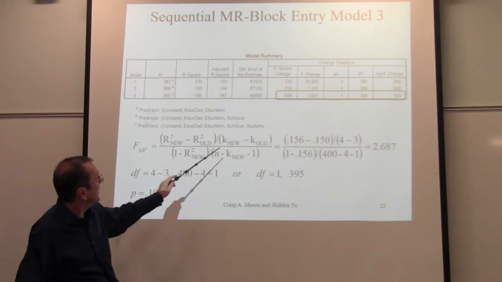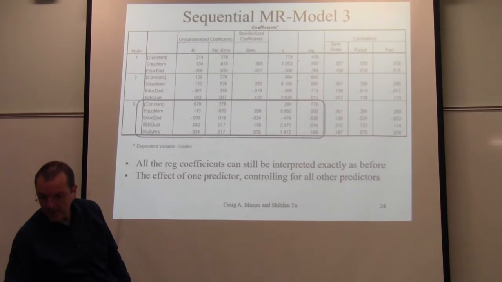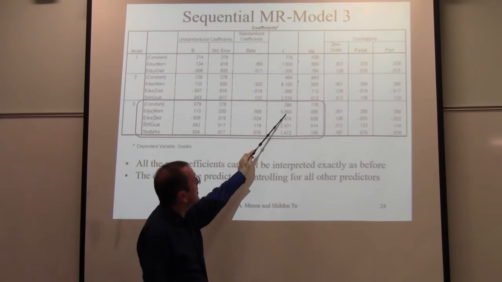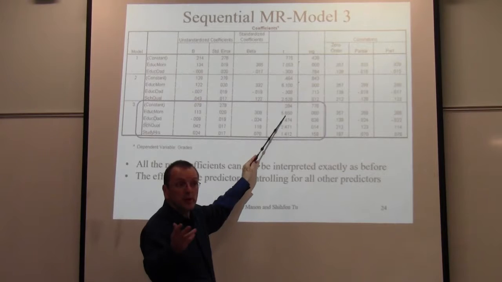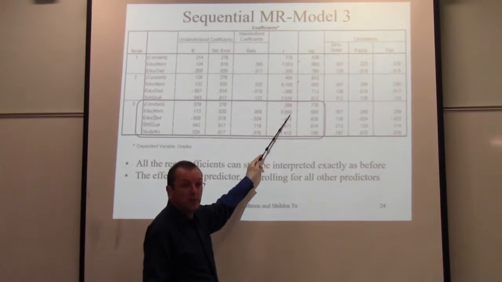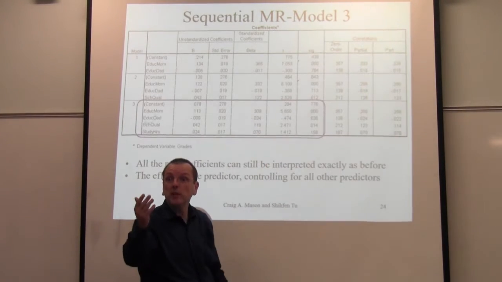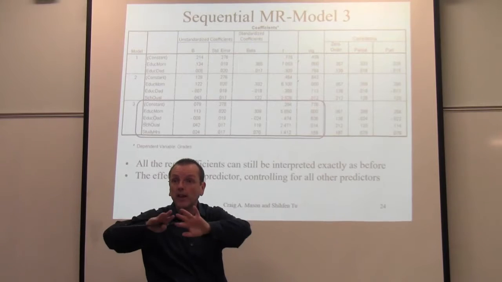So we have to go to that degrees of freedom for model 3. Our t-score for mom's education with 395 degrees of freedom is 5.650. P is less than 0.001.